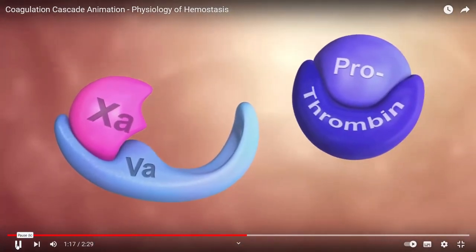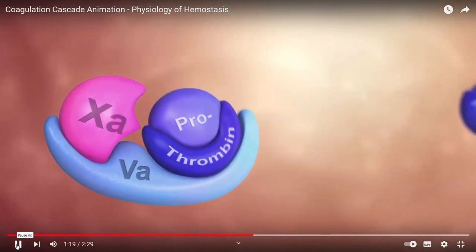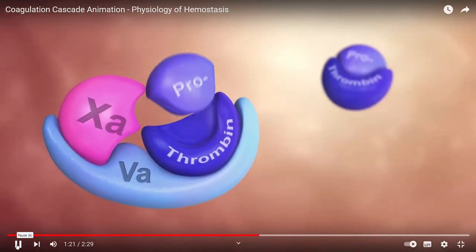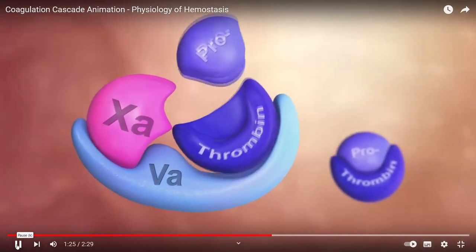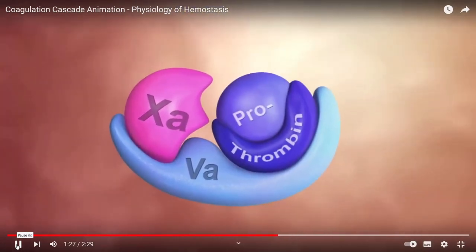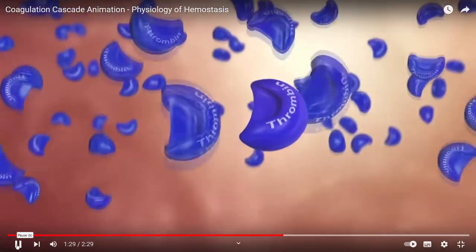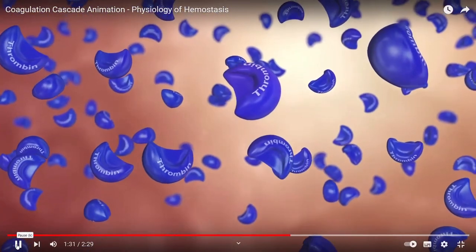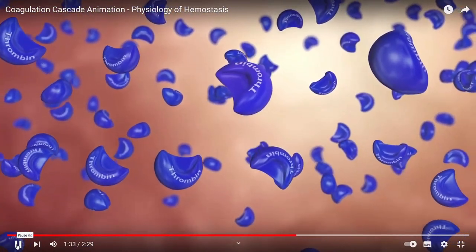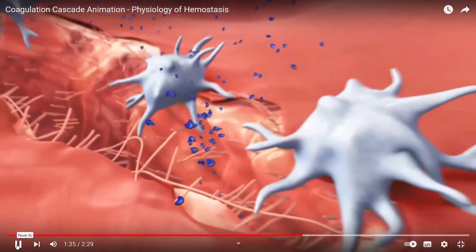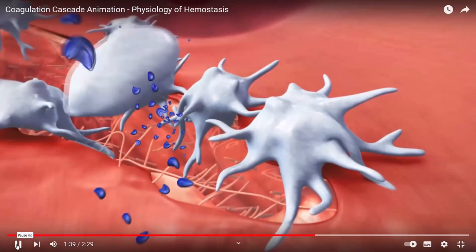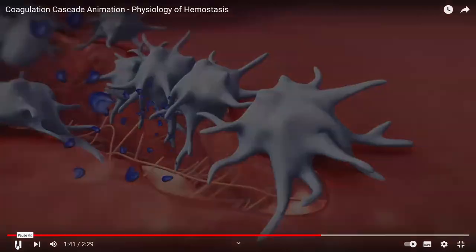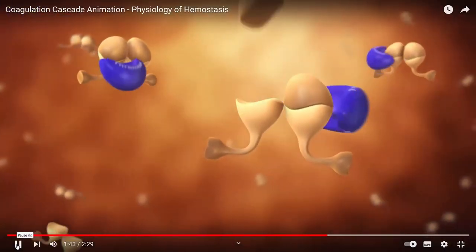Further down the cascade, factor 10A, in combination with 5A, activates thrombin and induces the so-called thrombin burst. One molecule of factor 10A can catalyze the formation of 1,000 molecules of thrombin. These large amounts of thrombin cause further activation of platelets and enhanced formation of fibrin.